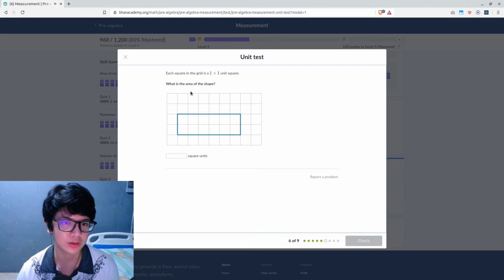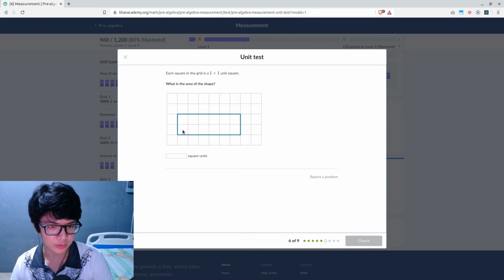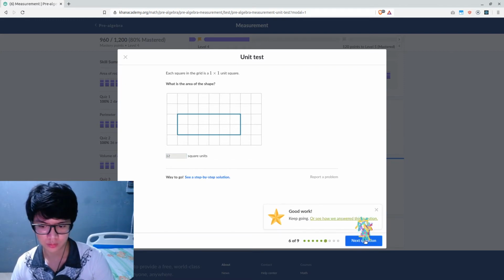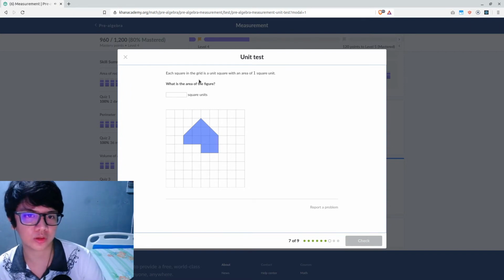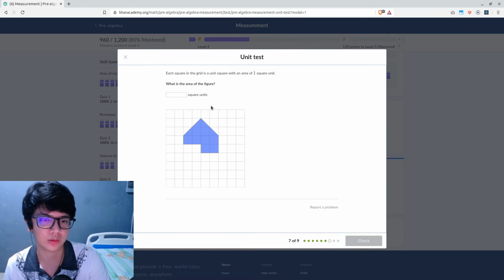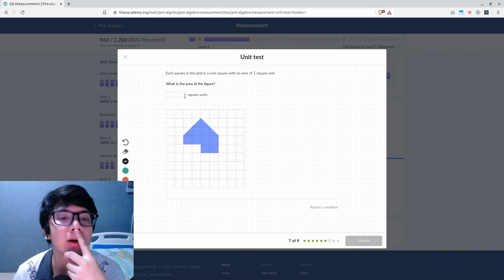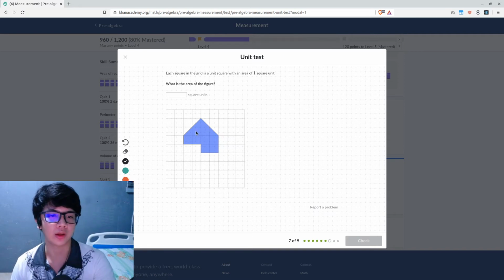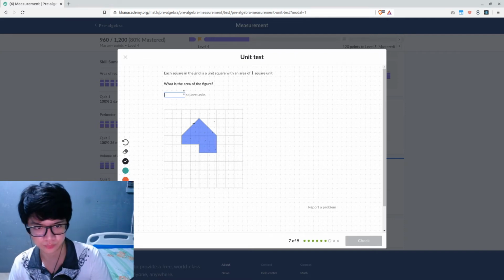What is this? What is the area of the shape? 2 times 1, 2, 3, 4, 5. Each square in the grid is a unit square with an area of 1 square unit. Oh my god, this is hard. Okay, cool. So 1, 2, 3, 4, 5, 6, 7, 8, 9, 10.